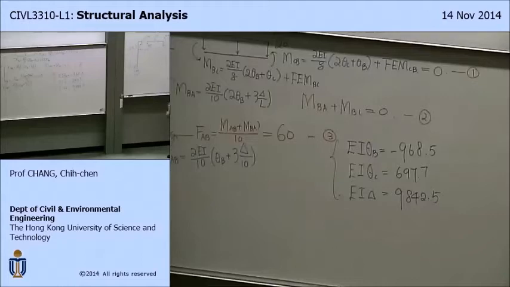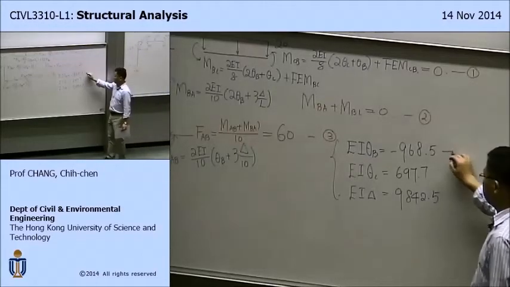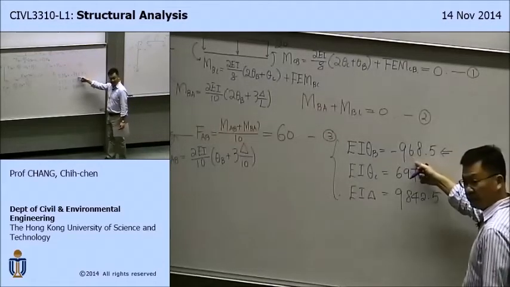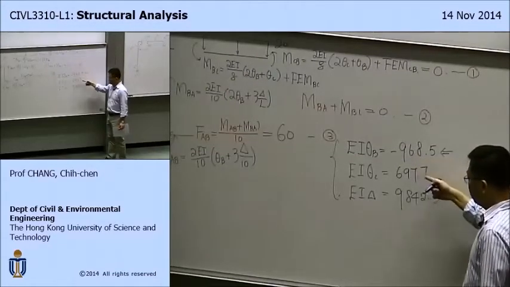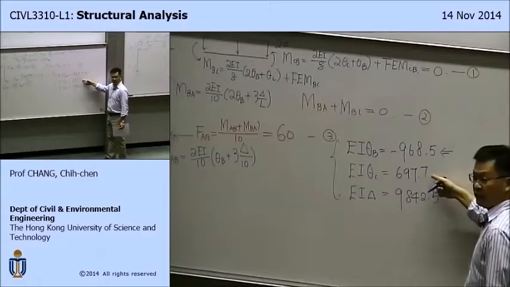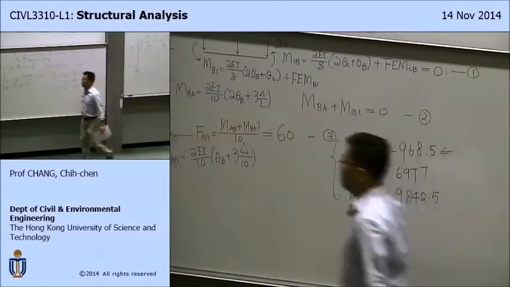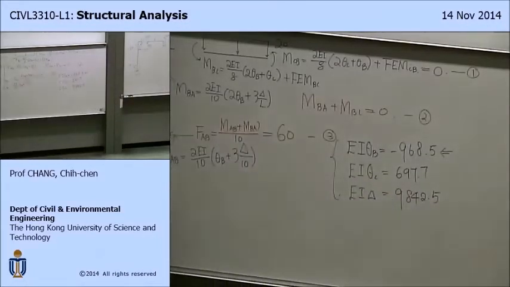Sort of finishing up. So it's telling you that theta b is negative, which means it's clockwise. Theta c is positive, which means it's counterclockwise. So this is clockwise, and this is counterclockwise.